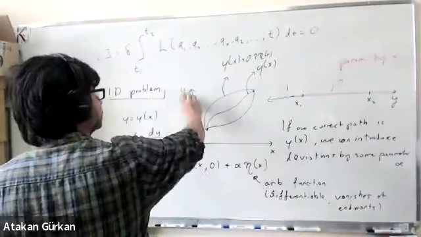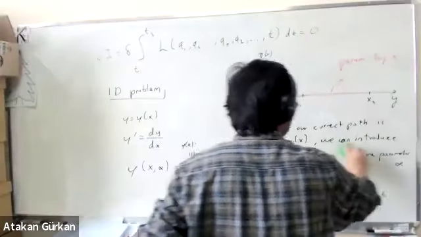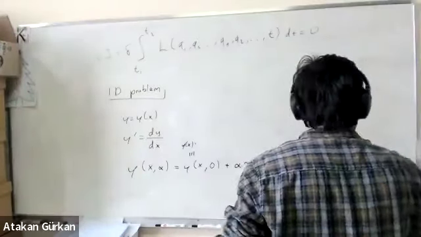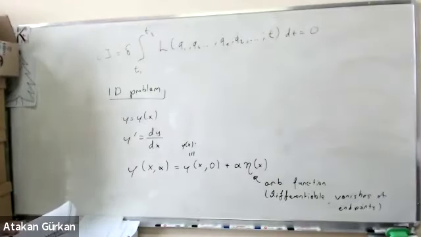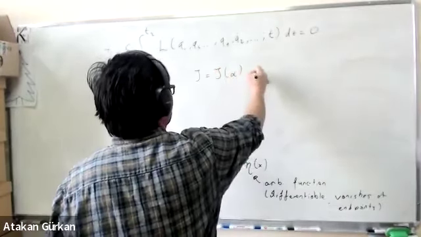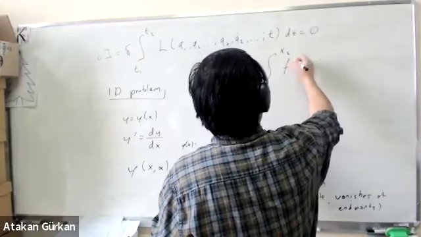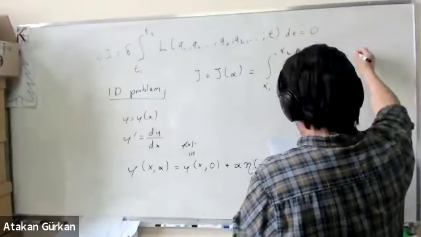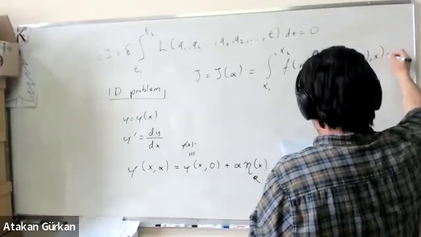Okay. Now we are going to write this. I think I would erase one of these. Our principal integral, and make the deviation. The advantage of writing it this way is that it allows us to apply the chain rule and things like that. So our integral J is now going to be a function of this parameter alpha, and we're going to have it from x1 to x2, some function of y of x and alpha, y prime of x and alpha, and x, dx.